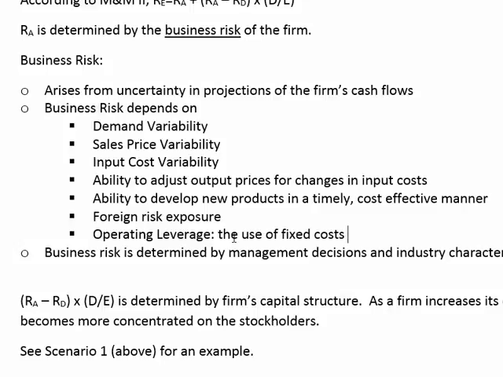This is a situation that happened with Ford and GM back in the mid-1990s. Ford decided to automate their plants, and so they went from using a lot of variable costs, and those would be people. So if sales of their cars and trucks were down, they could lay people off, they could send them home, they could reduce their variable cost of labor.